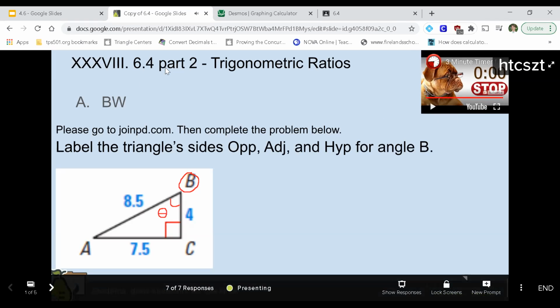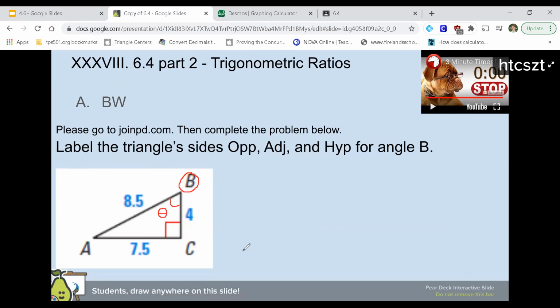Okay. So can anyone tell me which of these numbers is the opposite? Yes, that is the one that is across from our angle. That side is not touching the angle. It is opposite it. All right, I'm going to switch these up.